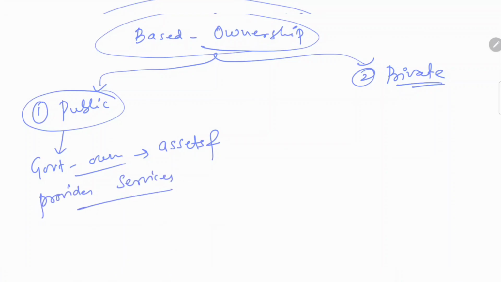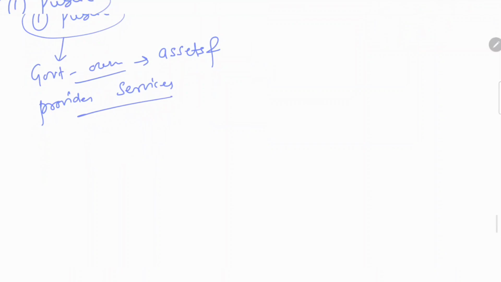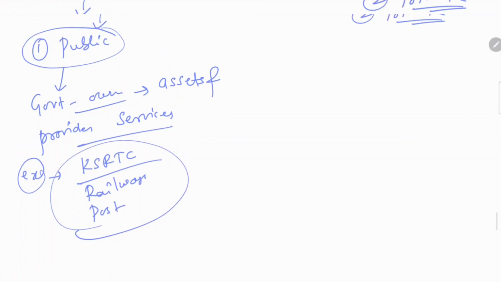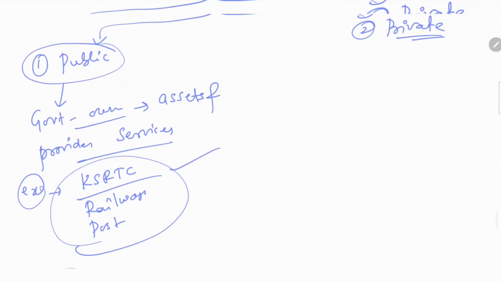So such sectors can be called the public sectors. For example, KSRTC, railways or the post service are owned by the government, and these are called public sector activities.